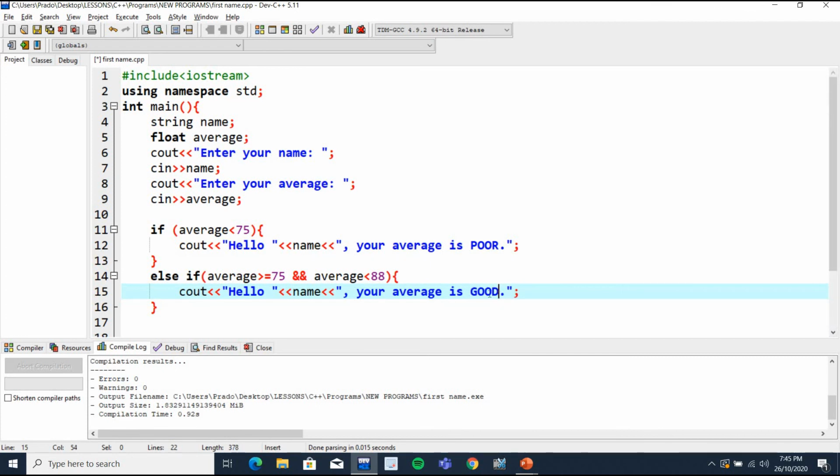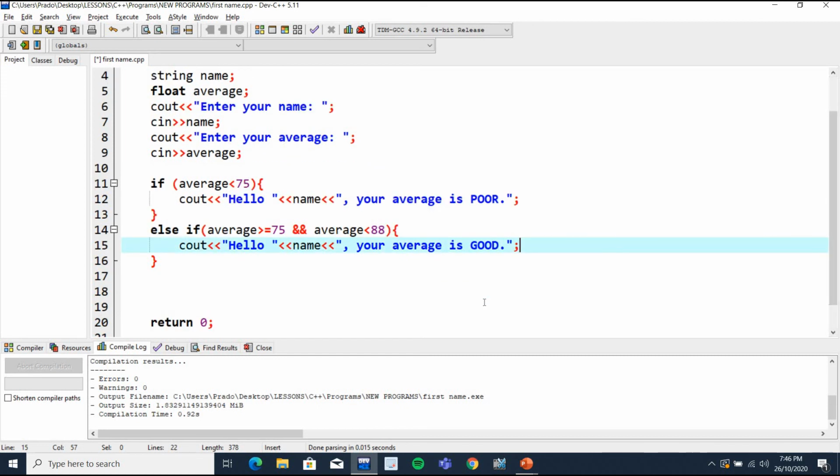So, kapag ang average score ng user is greater than or equal to 75 but less than 88, ayan. So, from 75 hanggang 87, good po yung kailangang na-display ng mismong program. And then, paano naman kung 88 and above? So, saka natin ilagay si else.